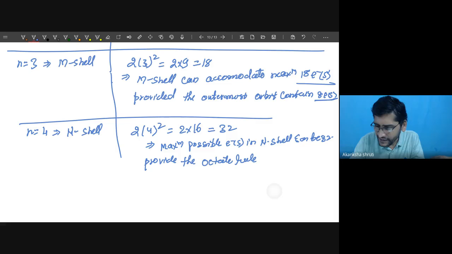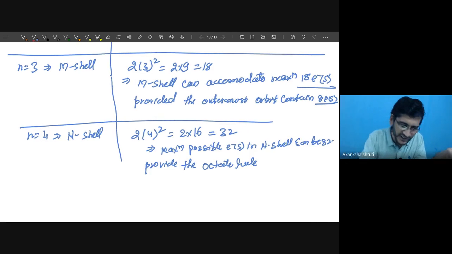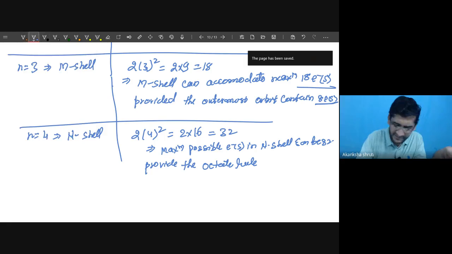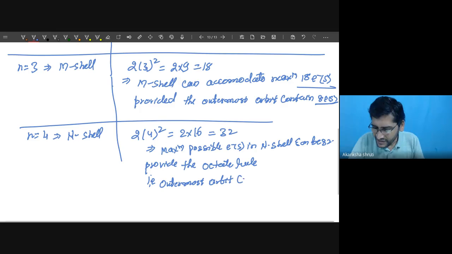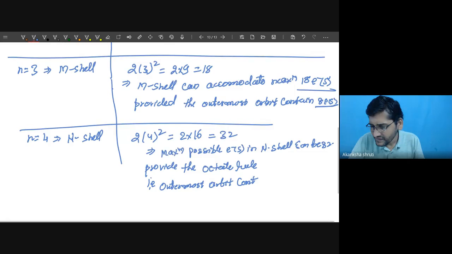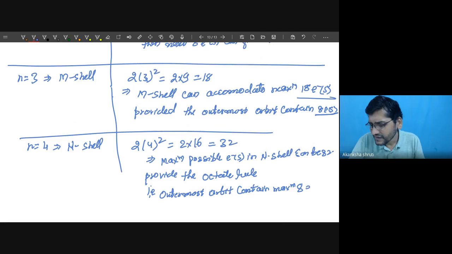So provided the octet rule, that is, the outermost orbit contains maximum 8 electrons.